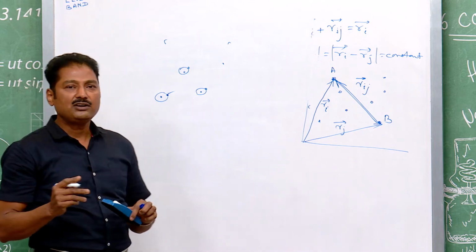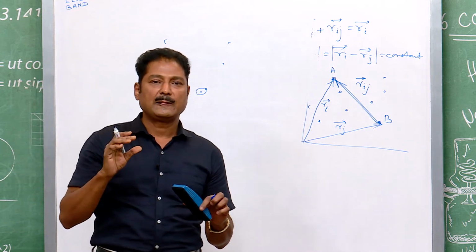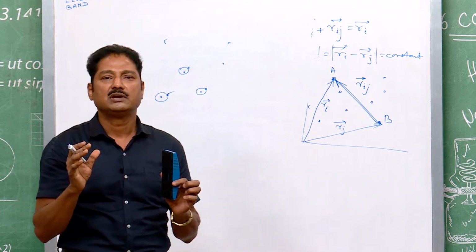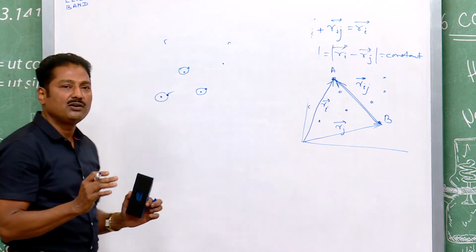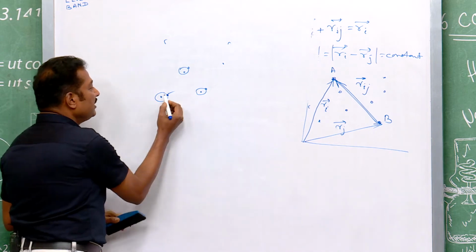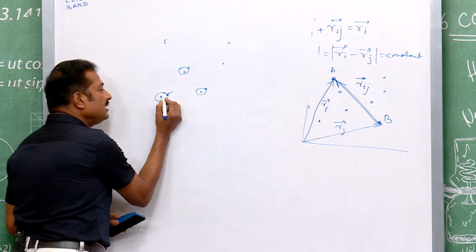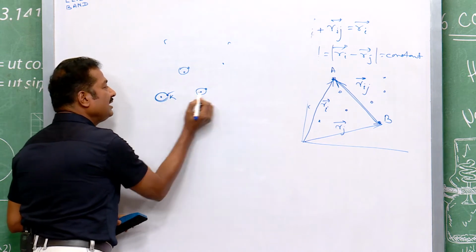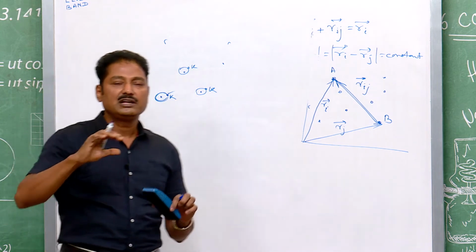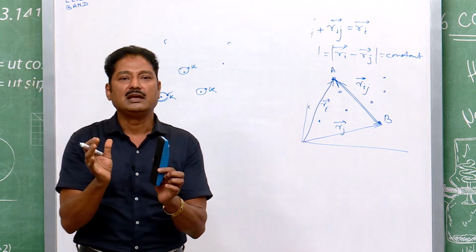So, when I talk of matter, the matter consists of closely packed atoms, and those atoms do not have a single line energy. How? Now, this electron, suppose all are in the K cell, but each electron is surrounded by many electrons.